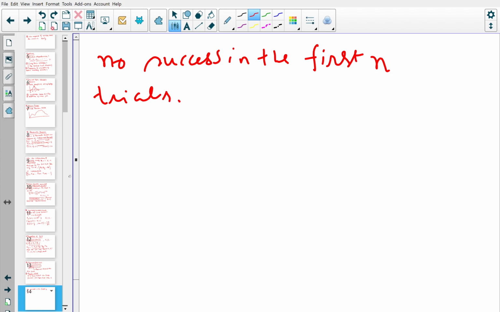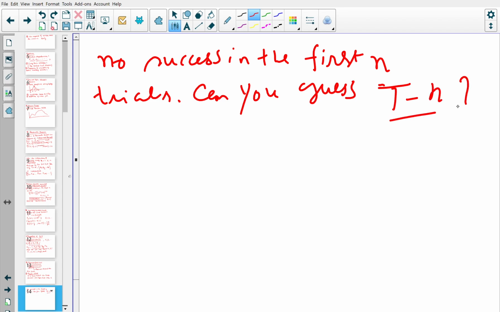Now, can you say anything about the unknown variable, this T minus n many times? Can you guess what happened in the remaining T minus n trials?